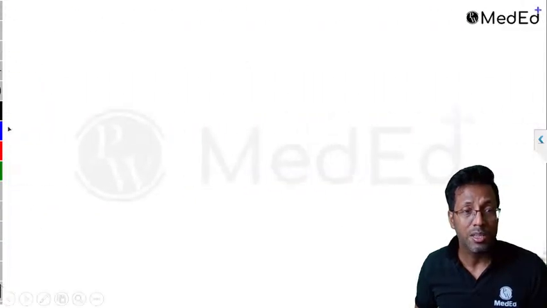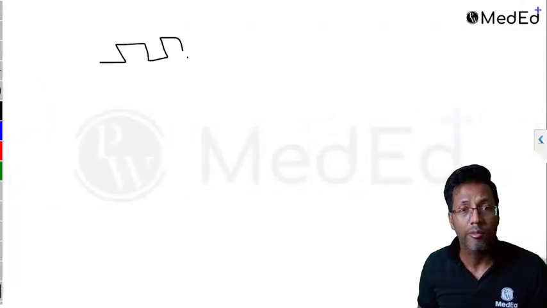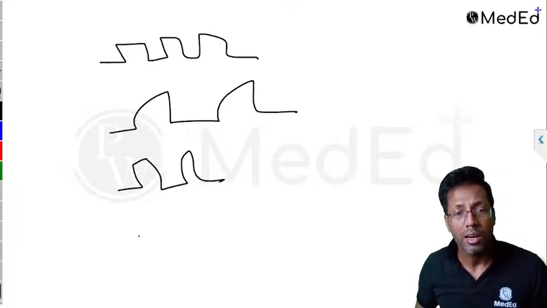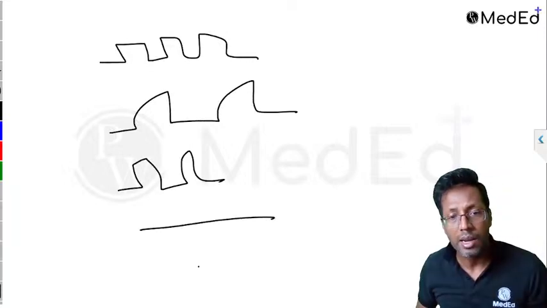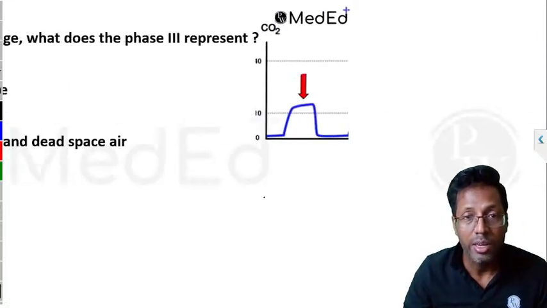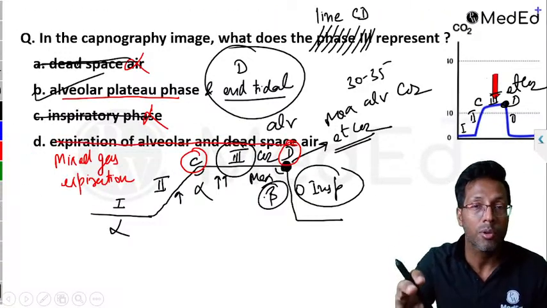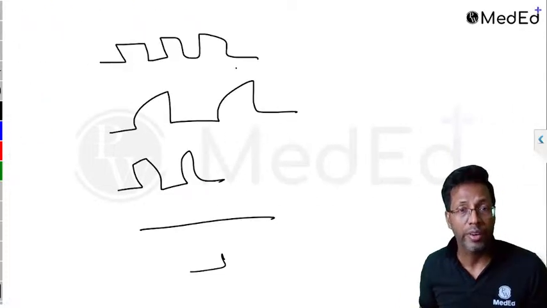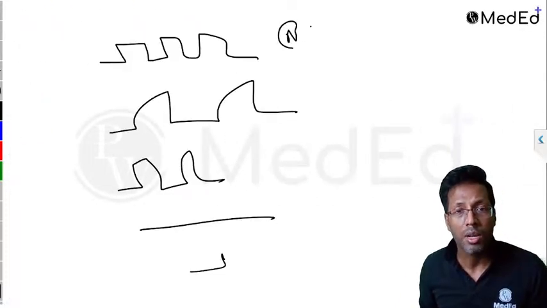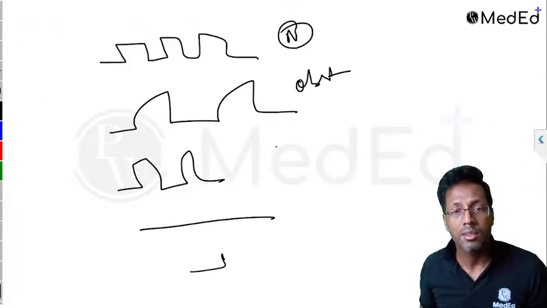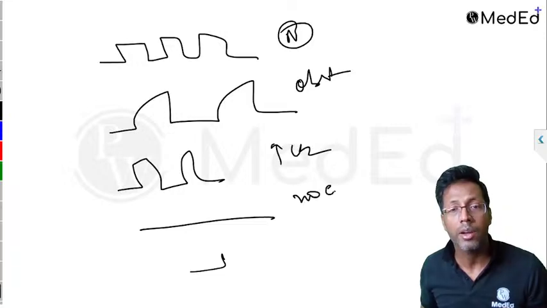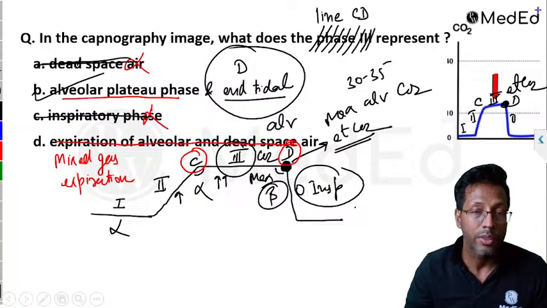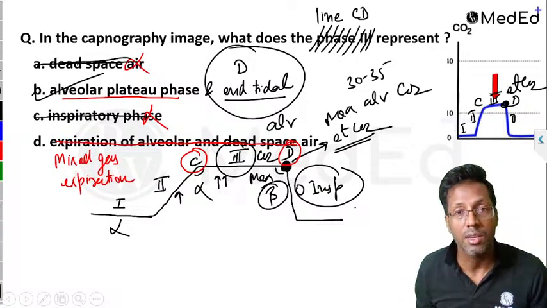One graph goes like this, one goes like this, one goes like this, and another graph is an absolutely flat line. In this case, if you have not studied the basic concept of what is happening, this question can never be right. If you have just seen a rapid revision video where we have just said, this is a normal graph, this is obstruction, this is increase in carbon dioxide, this is no carbon dioxide, then this question cannot be solved. This can be solved only when your concept is clear, guys.